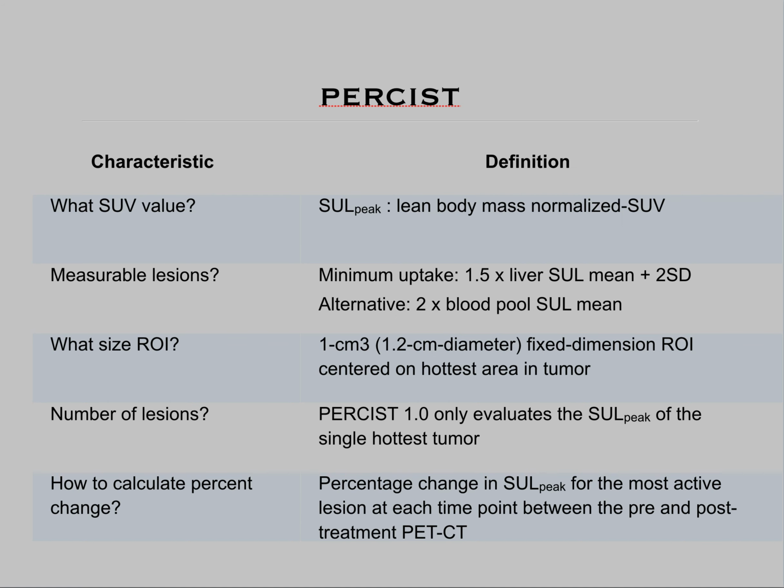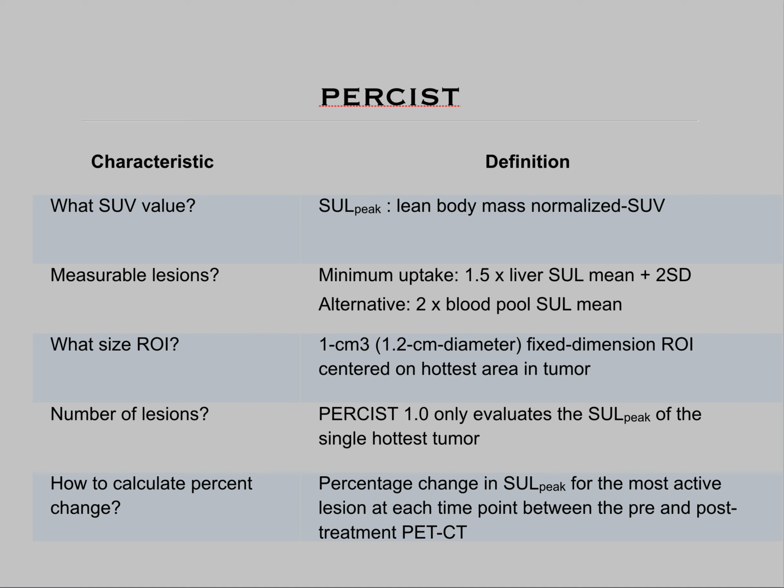So, in PERCIST, Dr. Wahl proposed using SUL peak to take advantage of increased reproducibility as well as diminish reliance on a single voxel. Also set some criteria for what's considered measurable, proposed using 1 cubic centimeter sphere.